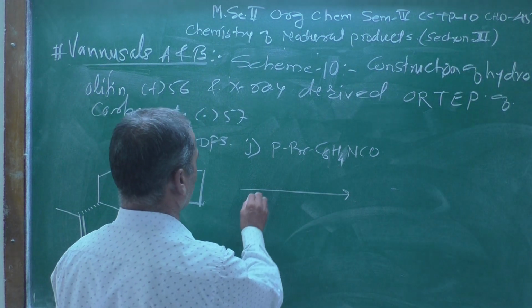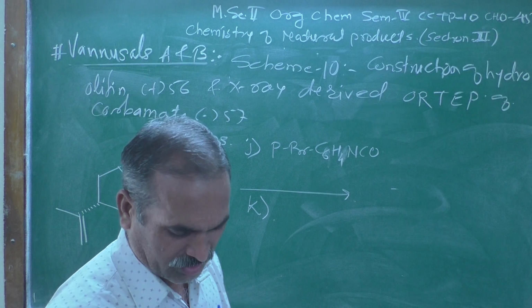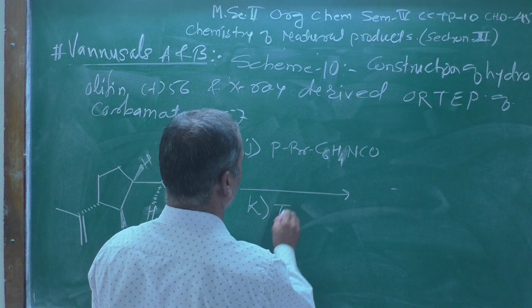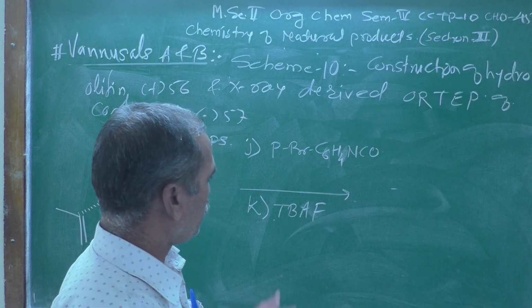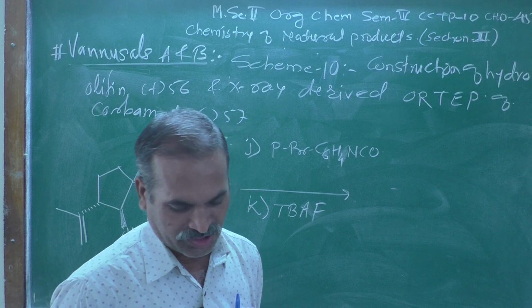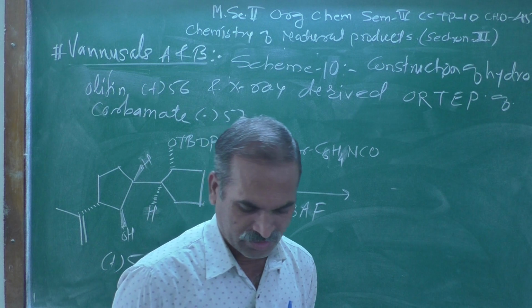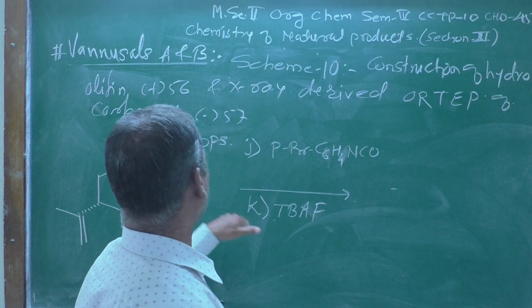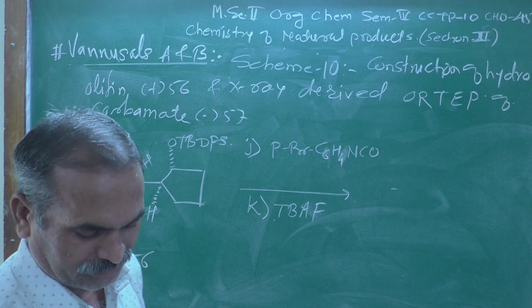And next one is the K reagent, and the K reagent will be this one, TBAF, that is tetrabutyl ammonium fluoride. After the addition of these two reagents here, what do you get?